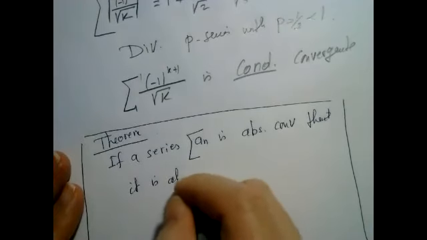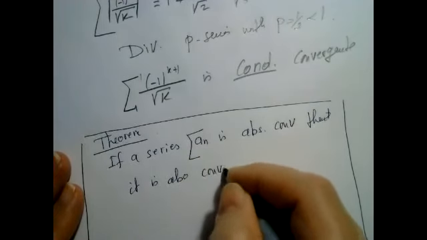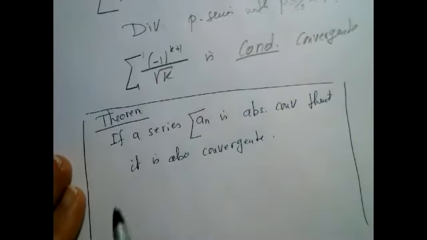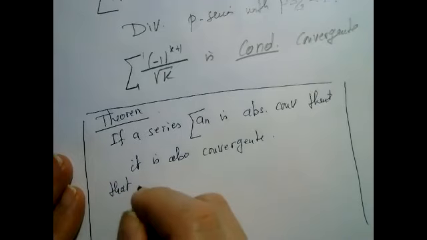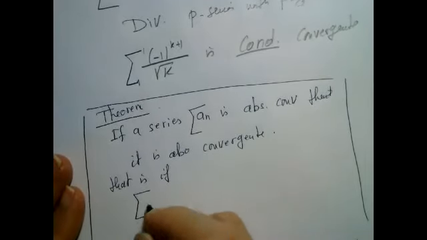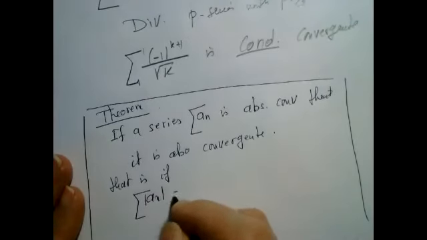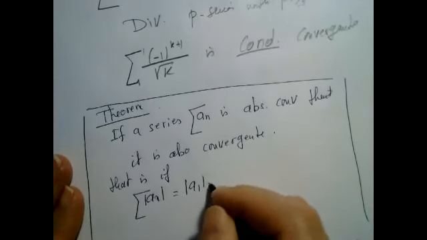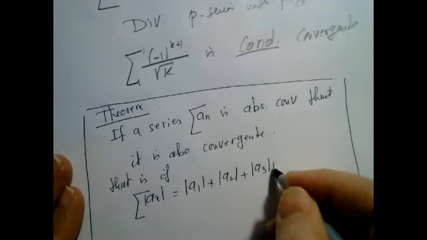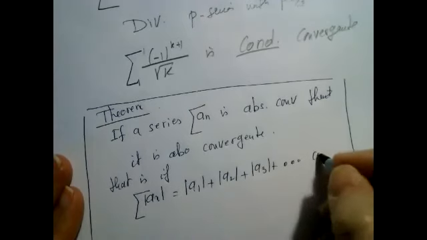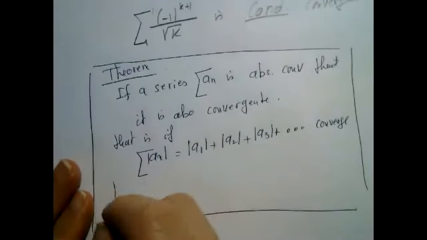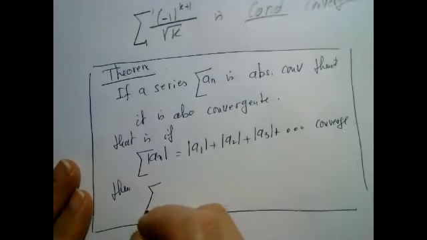That is, if when I plug in the absolute value this one converges, then without the absolute value it will also converge.